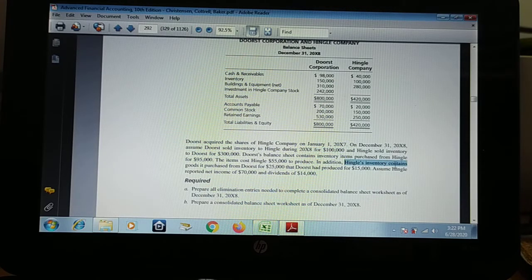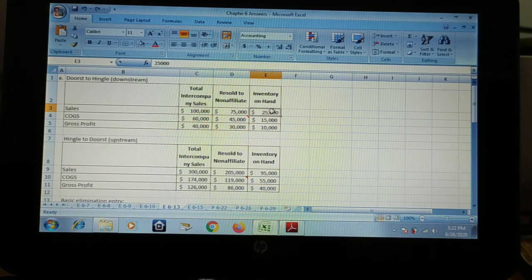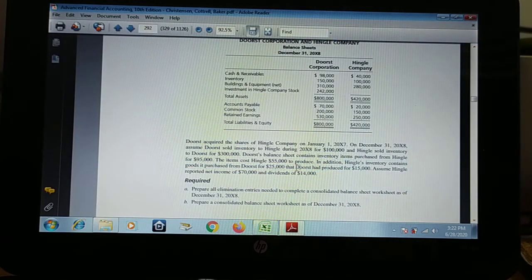Hingle's inventory contains goods it purchased from Doors for 25,000 that Doors had produced for 15,000. So both of this data is for the inventory on hand column. That's why we put 25,000 as the sales and 15,000 as the COGS, because it is the cost that Doors had produced.